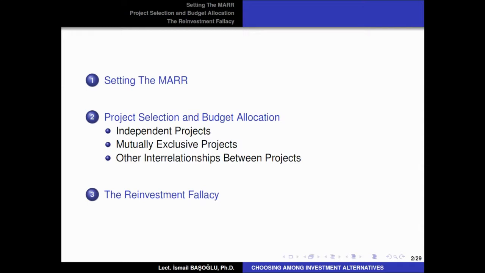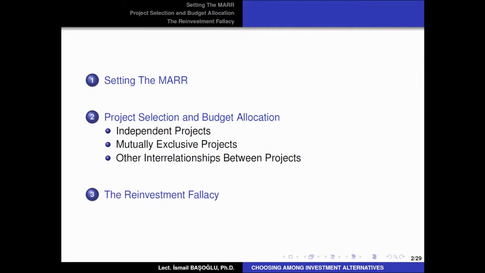But just like that, there are mutually exclusive projects as well. What does mutual exclusiveness mean? There are alternative projects, but you can only choose one of them. Which means if you choose one of these projects, you are basically forbidding yourself to select the other projects.